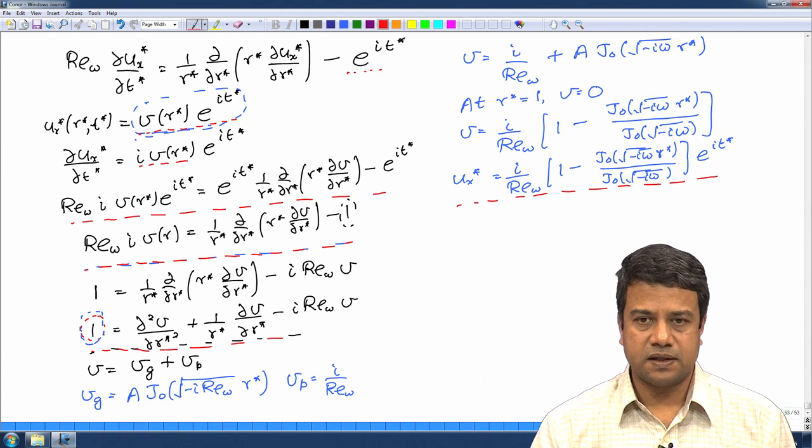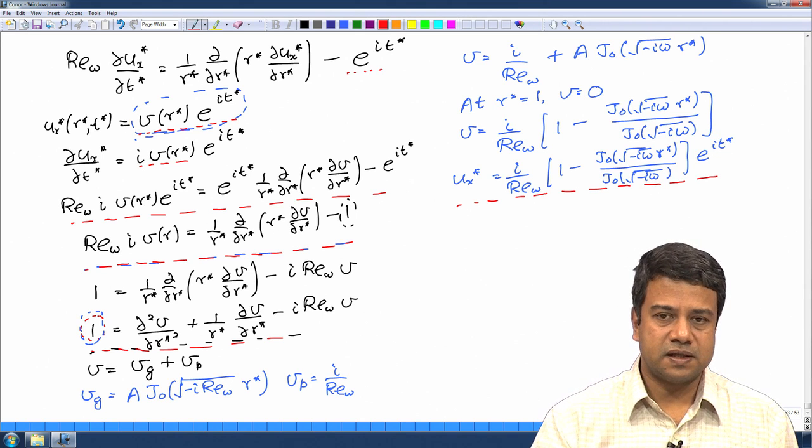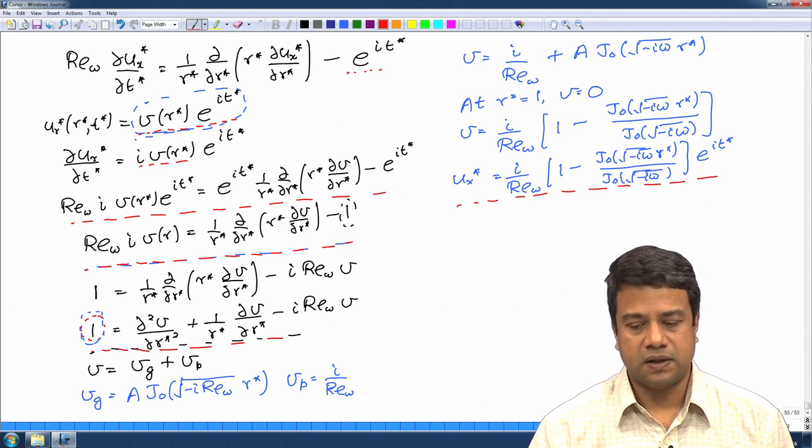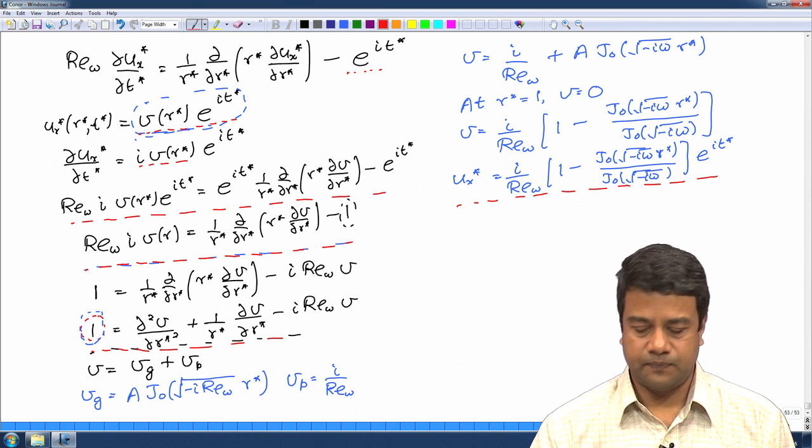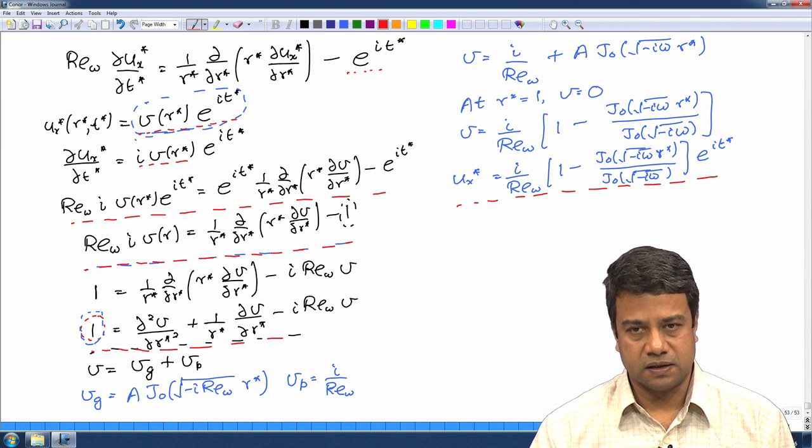And in order to get physical insight, we have to go back and look at the equation, consider different limiting cases and try to get solutions which will give us physical insight into the structure of the flow in different limiting cases. In our initial discussion, I had said that the fundamental balance here is between viscous and inertial forces.